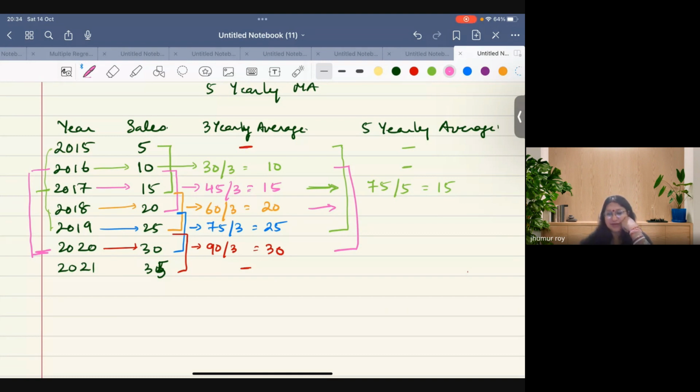Please add and tell me what is the value. Anyone? It will be 10 plus 15 plus 20 plus 25 plus 30.